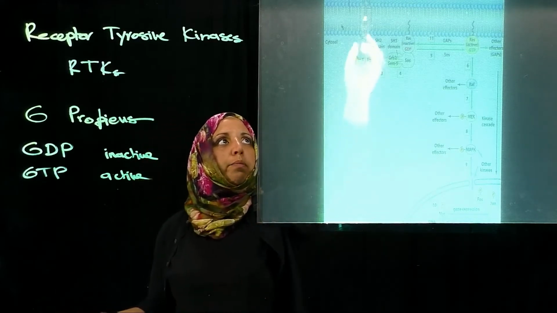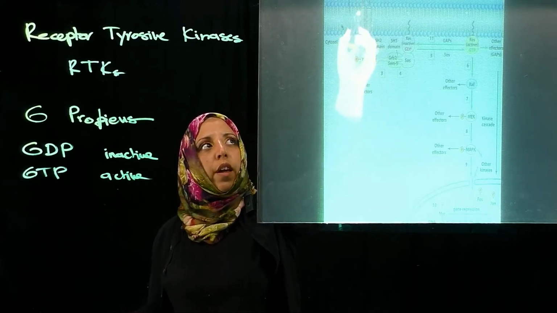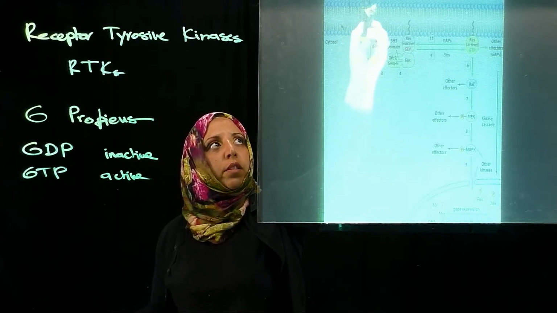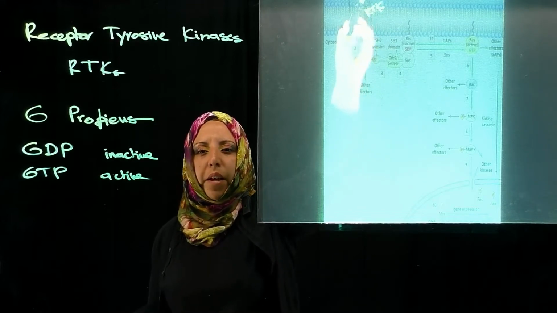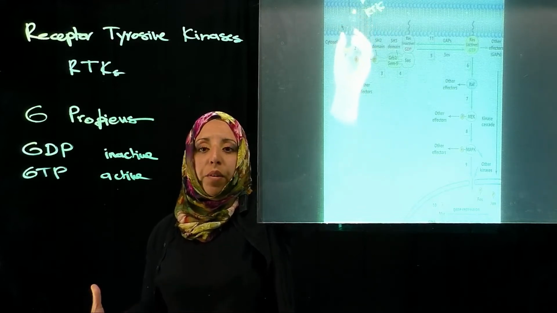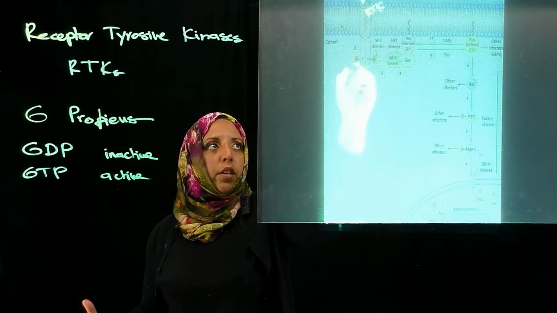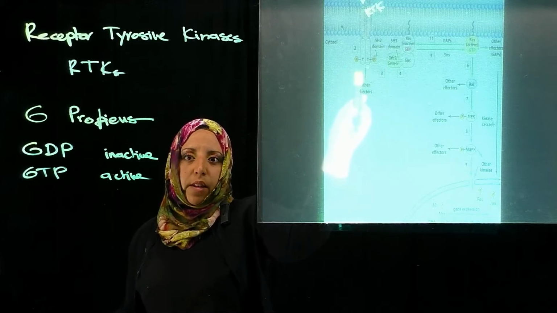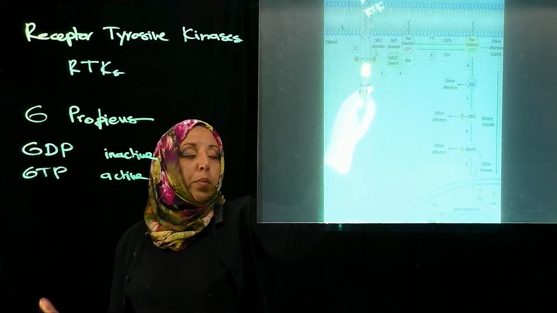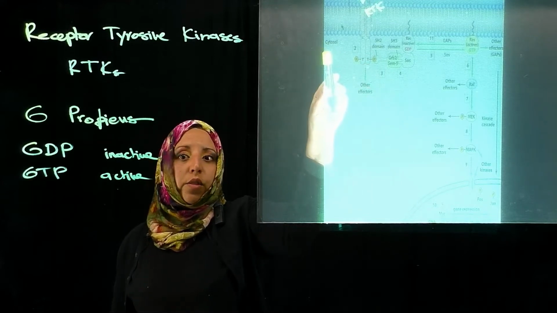So if we have a protein growth factor that binds to this receptor tyrosine kinase on the extracellular side, this will cause dimerization of the receptor, which in turn will autophosphorylate its tyrosine residues, specific tyrosine residues within the cytosolic domain.